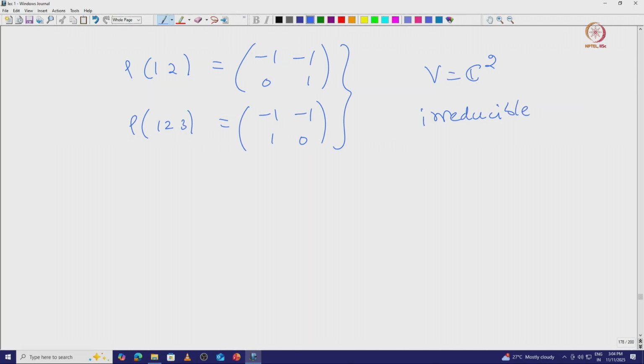In order to prove this, we prove that it has no common eigenvector. If there is an eigenvector for the entire action of S3, then these two matrices also must have a common eigenvector. So we are going to prove that these two matrices, A and B, have no common eigenvector.